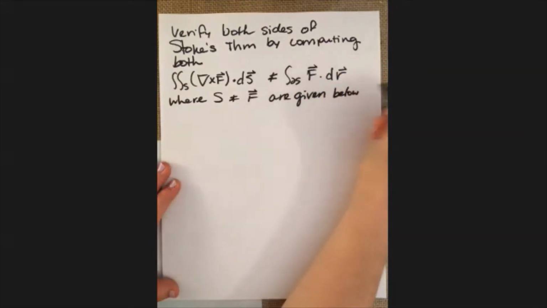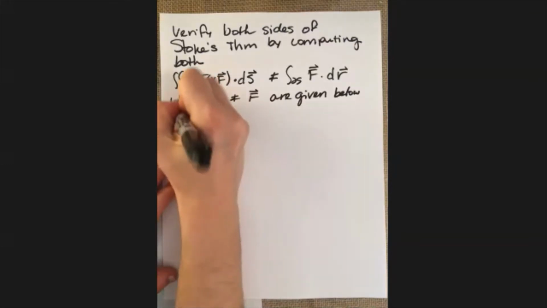And in each case, we will assume that we want an upward pointing normal vector on our surface.